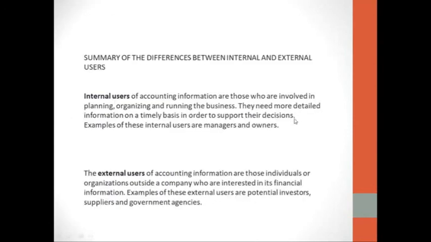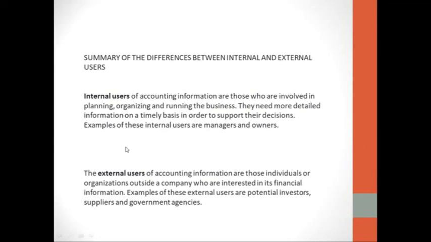All right. So now let's have a quick review. So internal users of accounting information are those who are involved in planning, organizing, and running the business. So they need more detailed information on a timely basis in order to support their decisions. So examples of internal users are the managers and the owners.